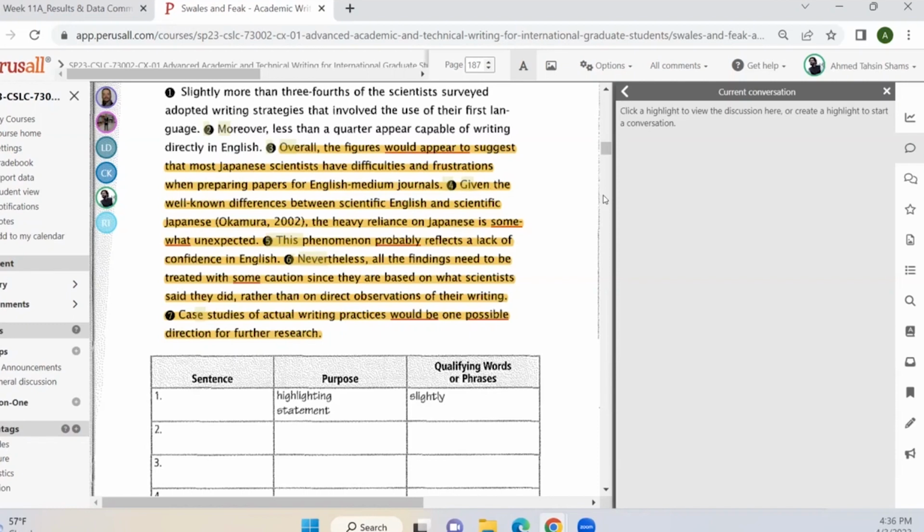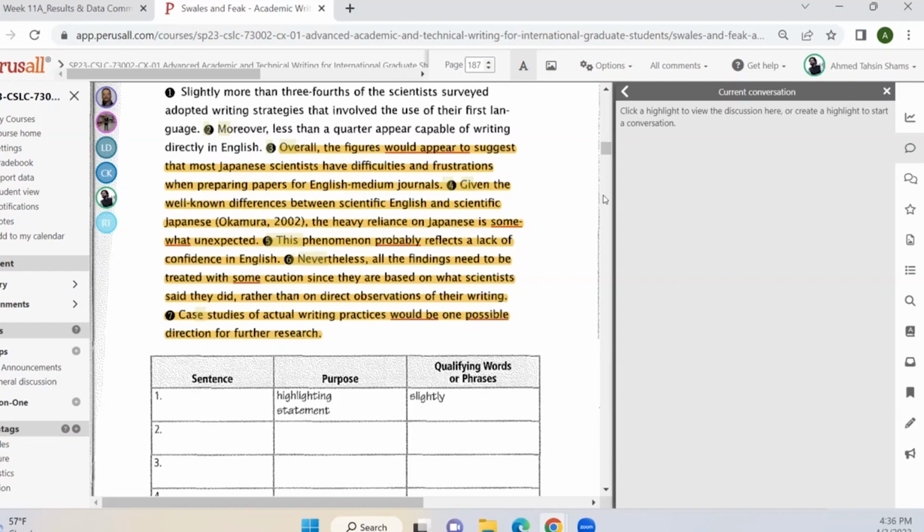What would you say the third sentence is? Even the claim, "overall" also suggests you are making a summary statement. So what can we call this?